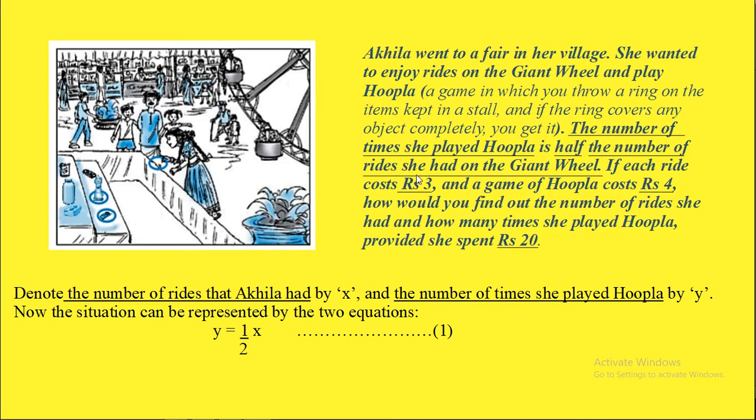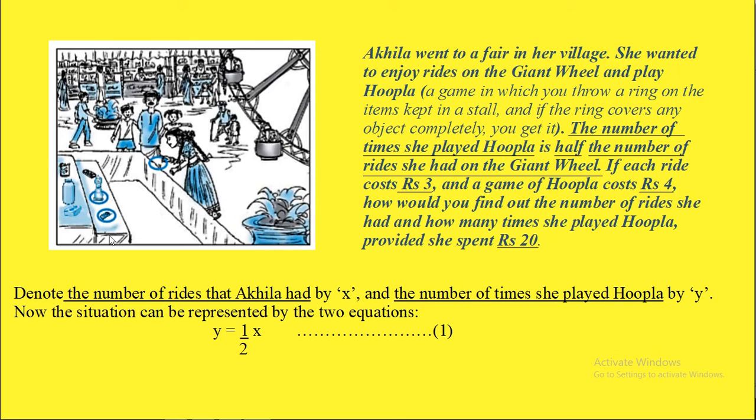And if one ride of the giant wheel costs ₹3, then the total cost she spent on the giant wheel will be 3 into the number of rides she had, that is 3 into x, isn't it?